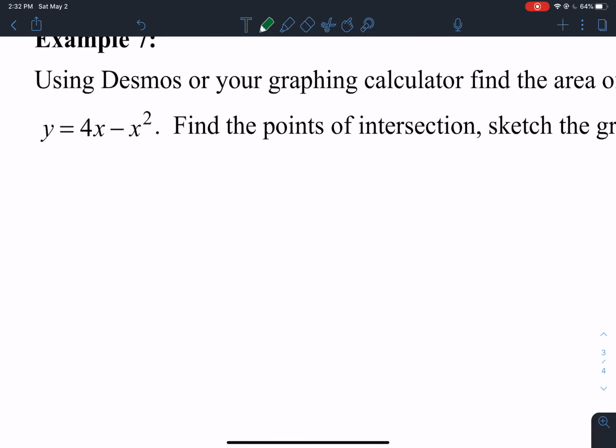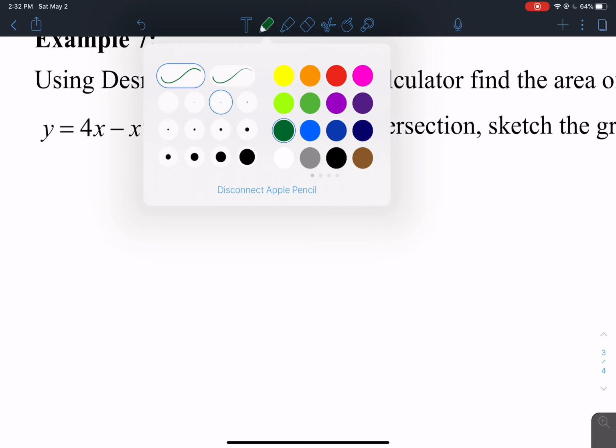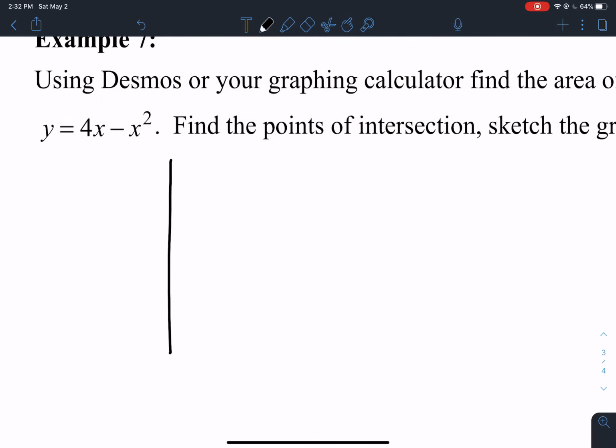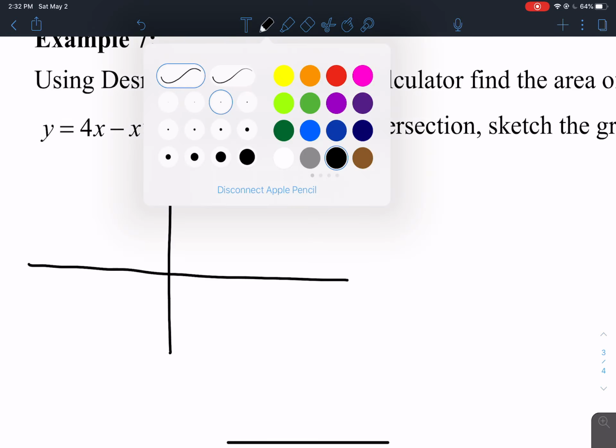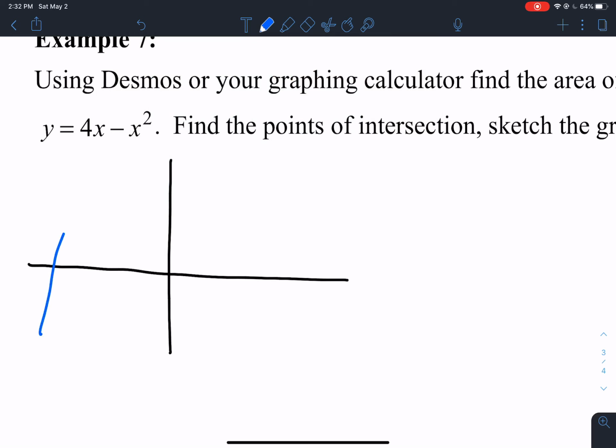So we've got f of x and then you've got g of x.